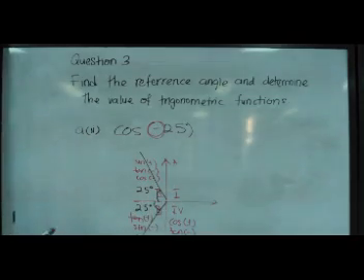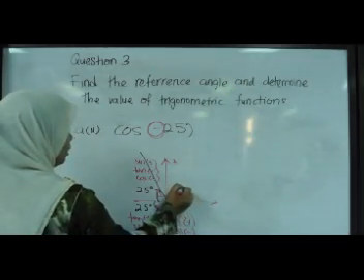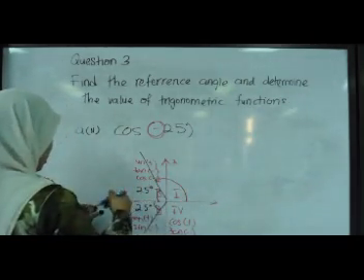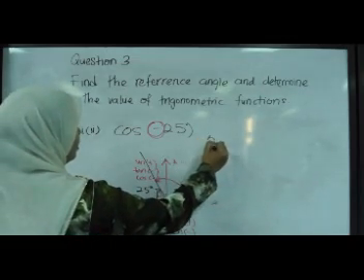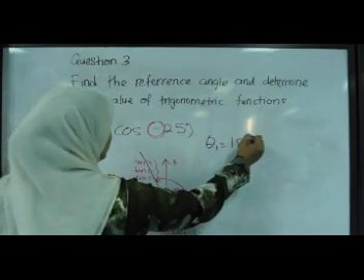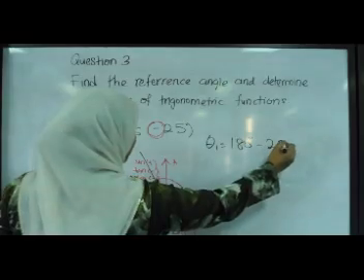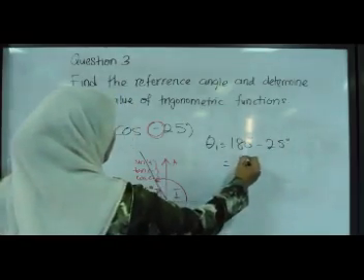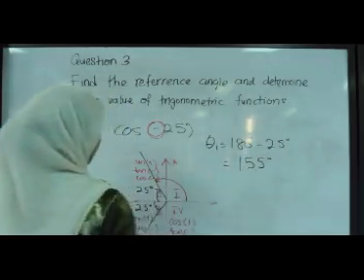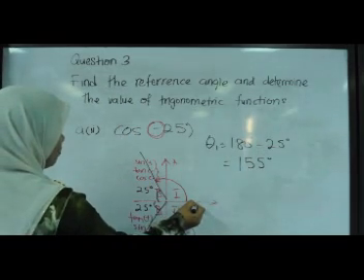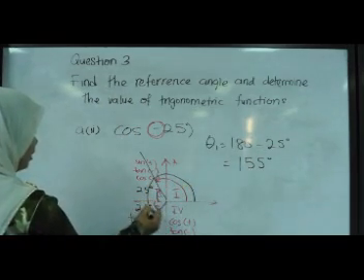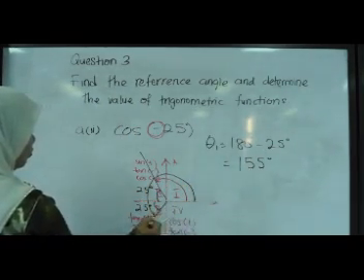So we need to find the reference angle, between the x-axis and the line joining. The first angle is 180 degrees minus 25, and you will get 155 degrees. The other one is between the x-axis and the line joining from this one to this one.